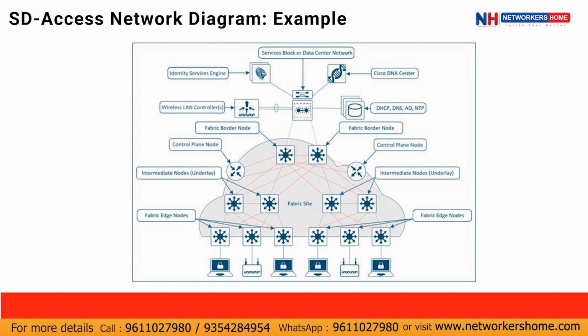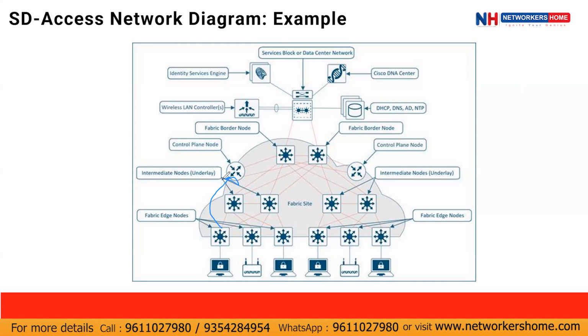Pranav, in this diagram, the control plane and edge. Okay, so if some user connects or disconnects at the edge, it has to go to the control plane, so it has to go to the border first? No, the first thing it goes to is the control plane node.